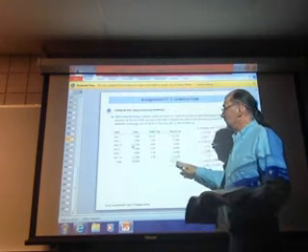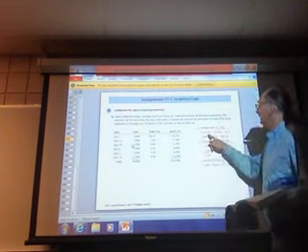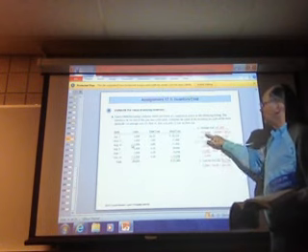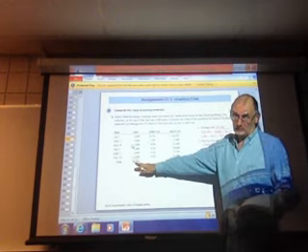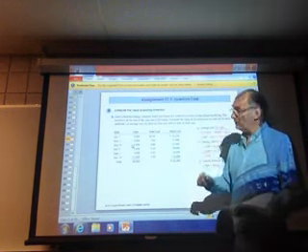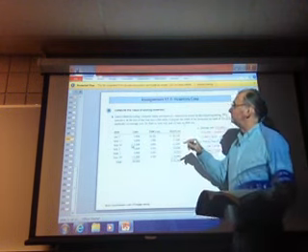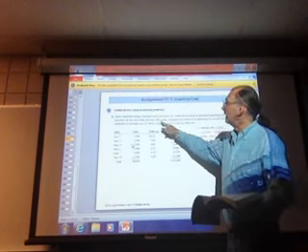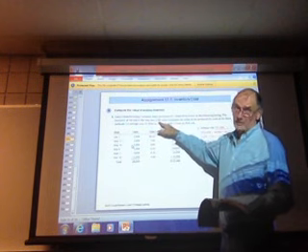Once I have these two numbers, I just divide units into cost, and I'll get $6.12. 122,400 divided by the number of units gives me an average unit cost of $6.12. Now remember, my inventory at end of year was 3,500 units.